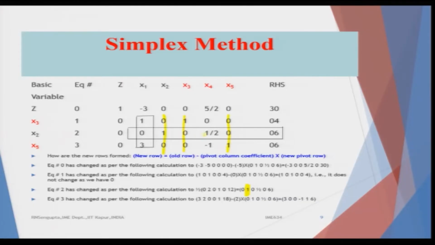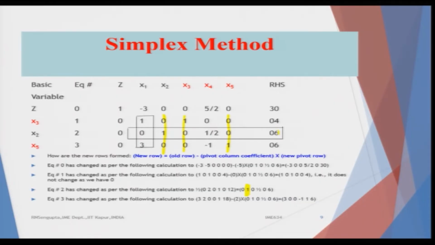So obviously half into 0 would give you 0, and x5 is 0 in plant 2 because it is not a slack for the second constraint. So the actual value you will get for x2 would be 1 into x2 is equal to 6. That gives you the value corresponding to 6 units of x2 being produced.